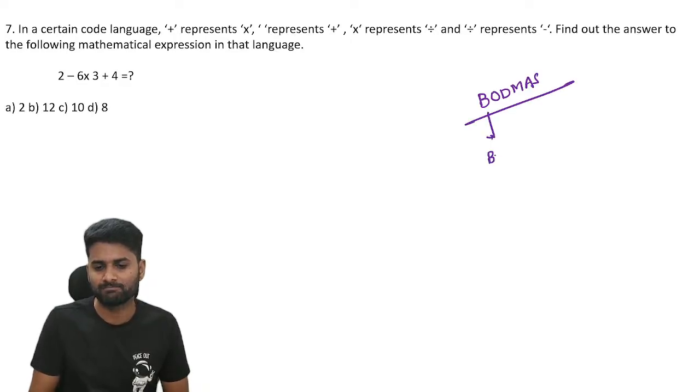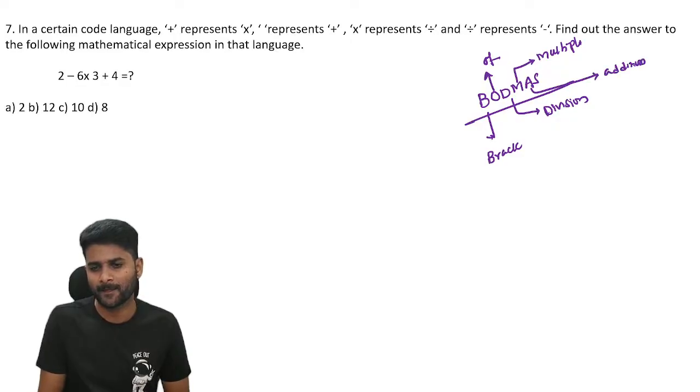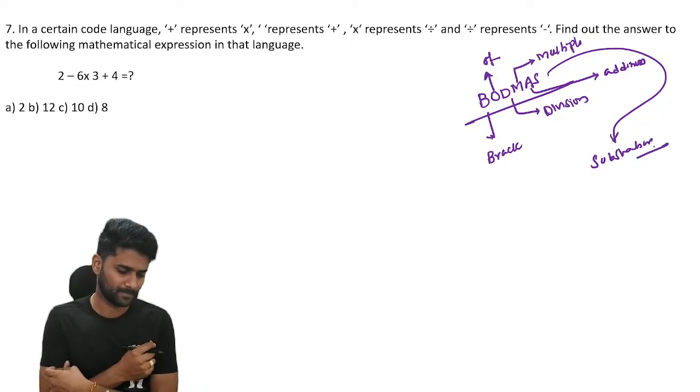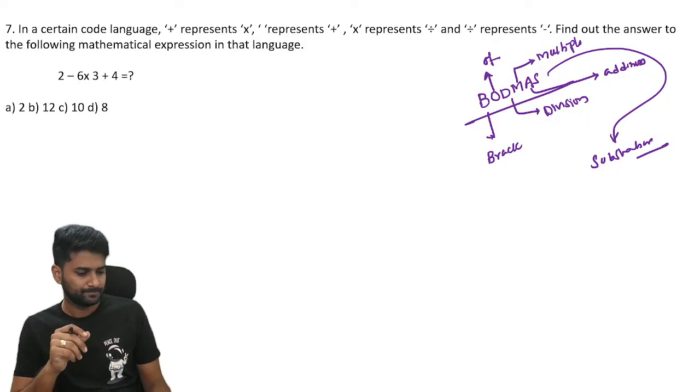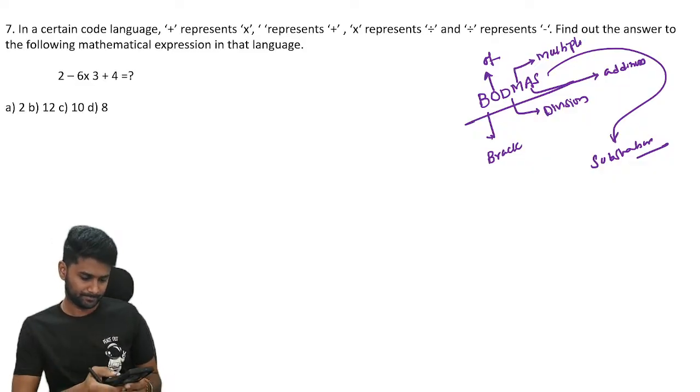In BODMAS, B is for bracket, O is for of, D is for division, M is for multiplication, A is for addition, and S is for subtraction. So according to the given question, just go through the simplification part.